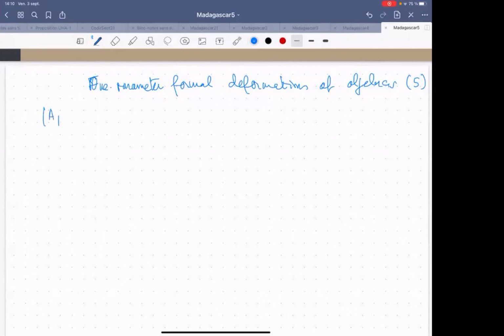You remember well, we started with an associative algebra where A is a K vector space.